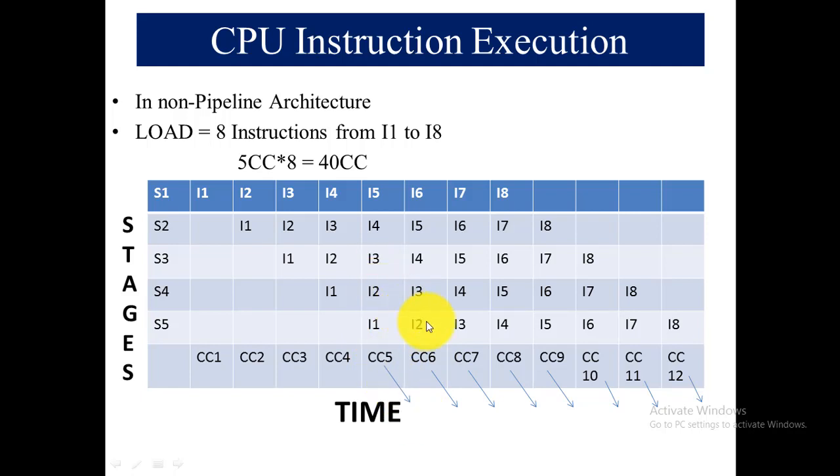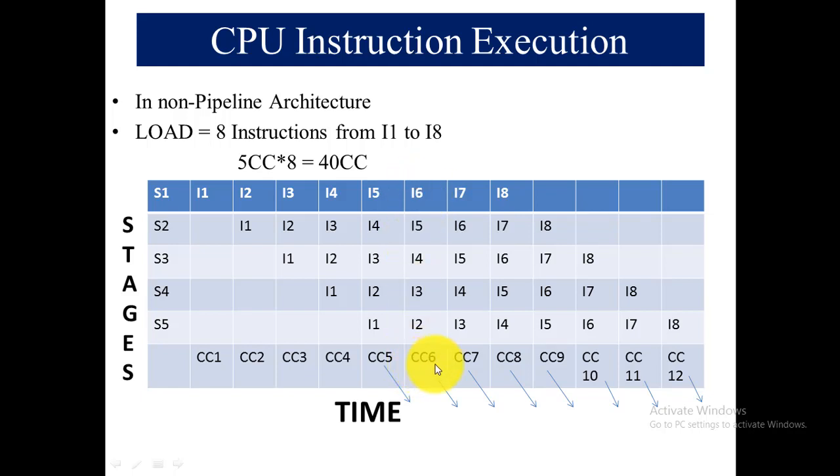Then instruction 2 will come into clock cycle 6. In the same way, instruction 3 would be in stage 4, instruction 4 would be in stage 3, instruction 5 would be in stage 2. Now stage 1 is again empty. It's clear? So we will start executing the 6th instruction.